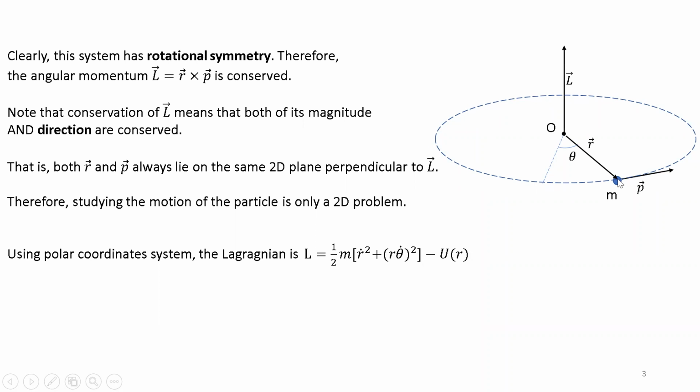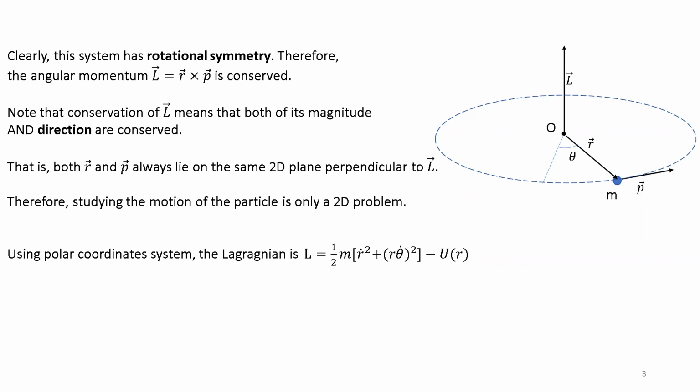It could be another shape, but the rotational symmetry is always there. A central force doesn't only happen when the particle moves along a circle. In this case, we do have angular momentum being conserved. This is an important property that can help us to simplify the problem.